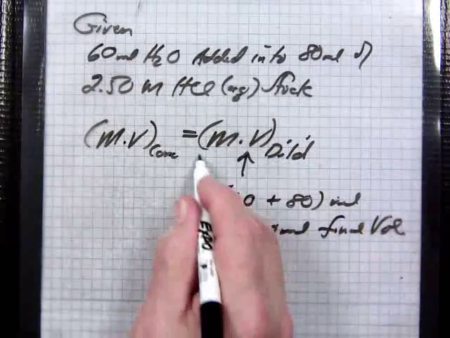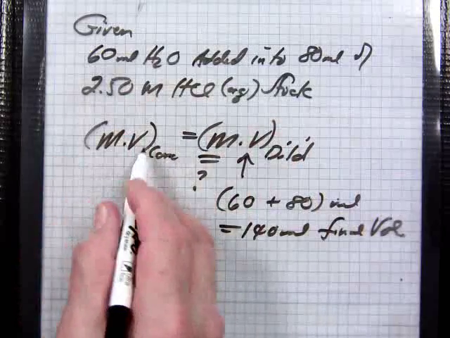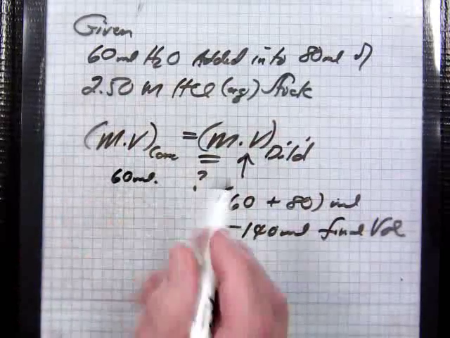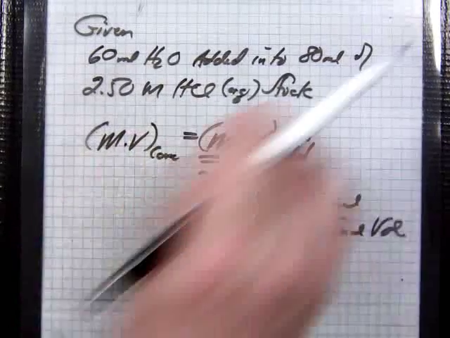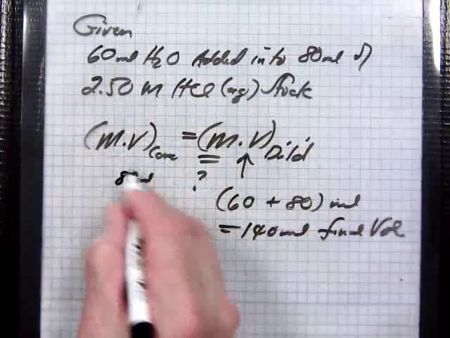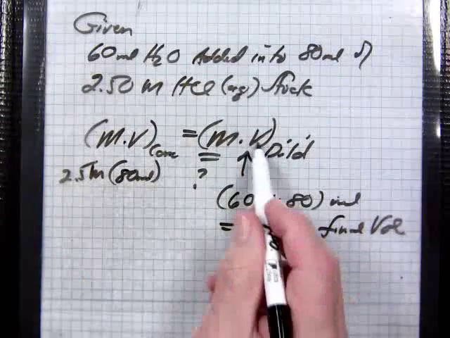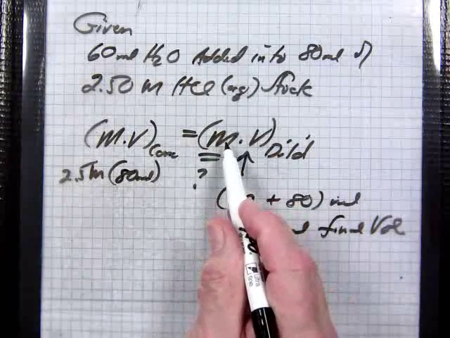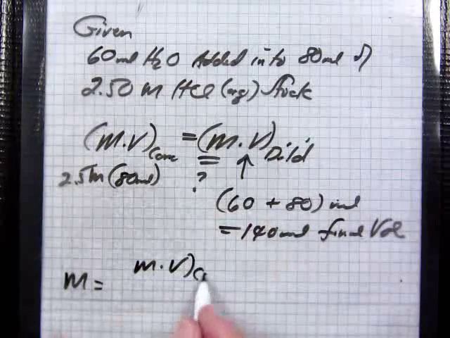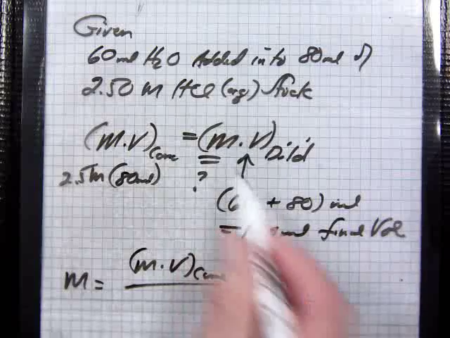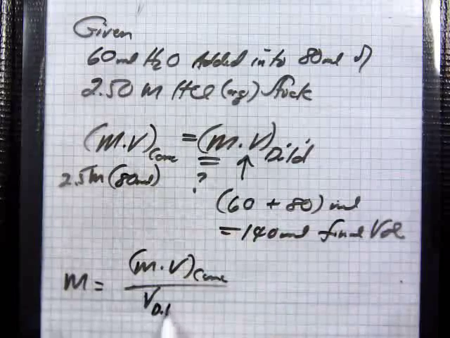Okay, and so we need to calculate the molarity. Well, that 60 mils was added to the 80 mils of 2.5 molar. And so we put the 140 in there and then solve for your molarity. So molarity now is molarity times volume of the concentrate over the volume of the diluted solution.